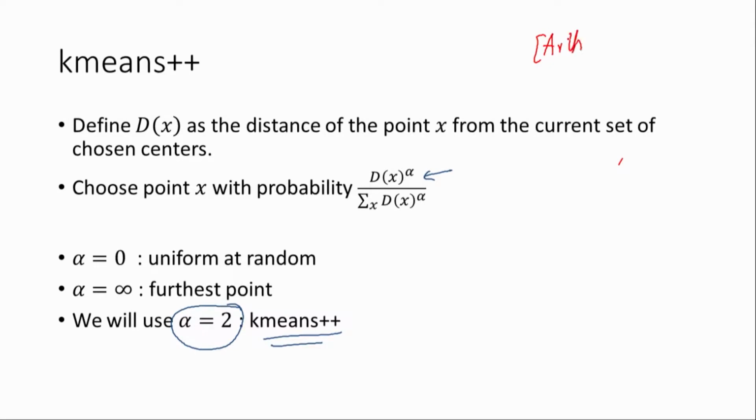This was a paper by Arthur and, I can never spell his name, Vassilvitskii, 2007. I find it surprising that for an algorithm that has been well known for such a long time, it took us until 2007 to find these improvements that have actually made it down to practice.